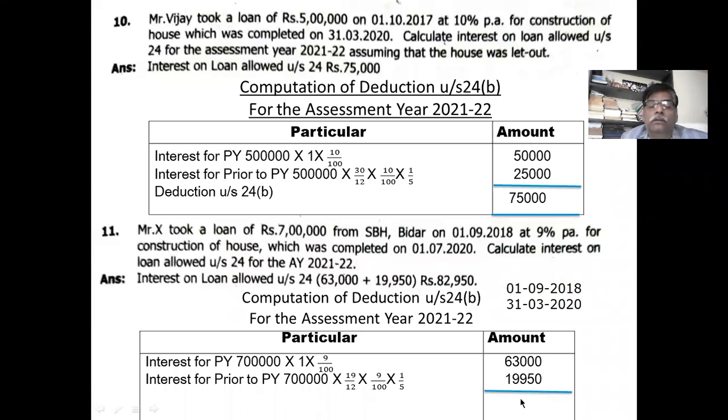If you add these two, total deduction is 82,950. In this way, you calculate interest on loan. This is the way of calculating interest on loan for deduction purpose. These two examples are based on calculation of interest on loan.